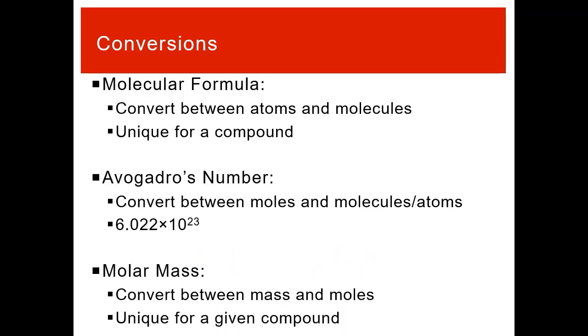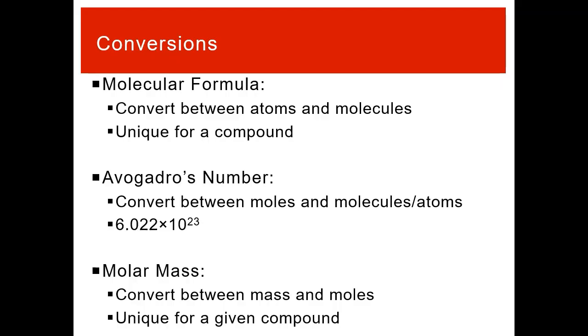So, put them all together: molecular formula, Avogadro's number, and molar mass. These are the three types of conversion factors that we have learned. They each accomplish something unique. Molecular formula lets us change what we are counting. Is it the atom? Is it the molecule? Avogadro's number lets us change how we are counting it. Is it groups, one mole at a time, or is it individual atoms and molecules?